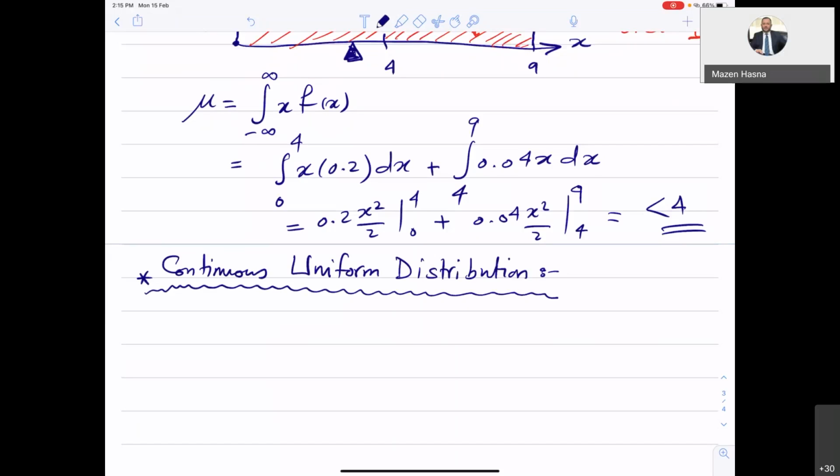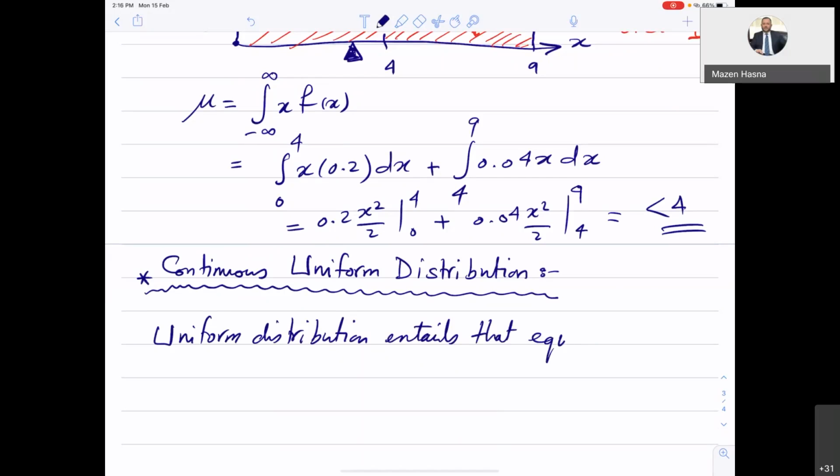However, in the continuous domain, we do not have points to give probabilities. So the uniform distribution here entails that equal ranges have equal probabilities.